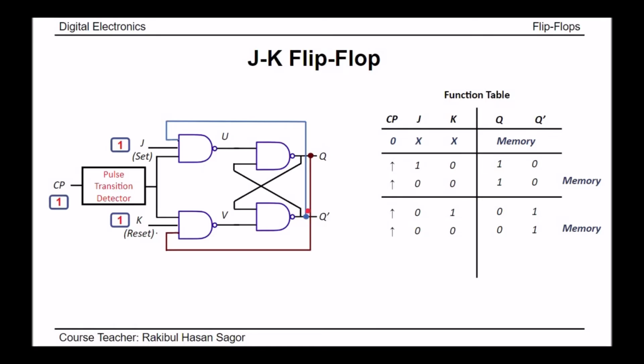So we need to take two cases. First of all, we'll take the previous value of Q equal to 0 and Q prime equal to 1. This Q equal to 0 value will appear at the K side, and this Q prime equal to 1 will appear at the J side.